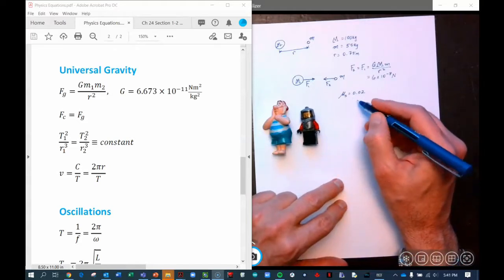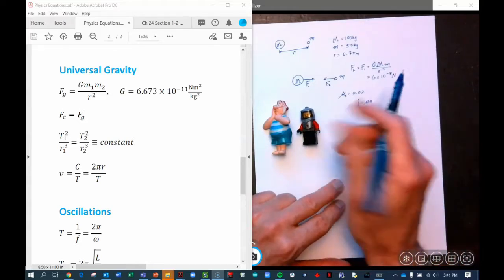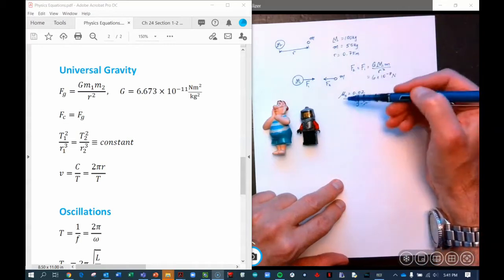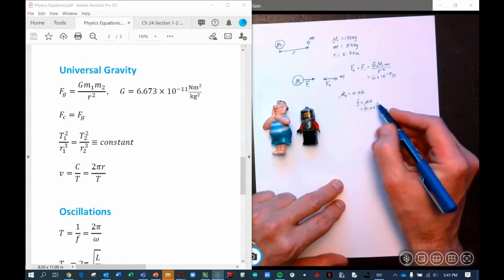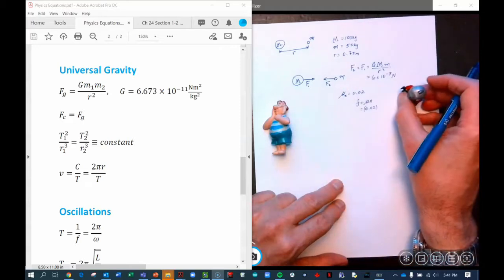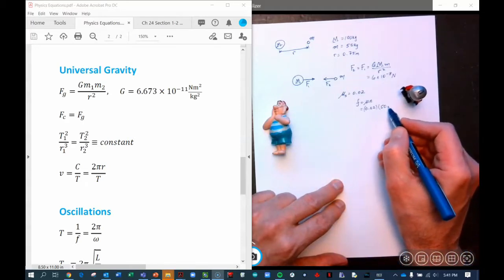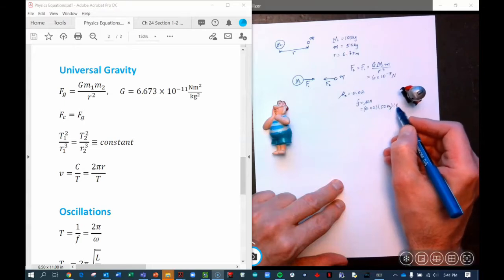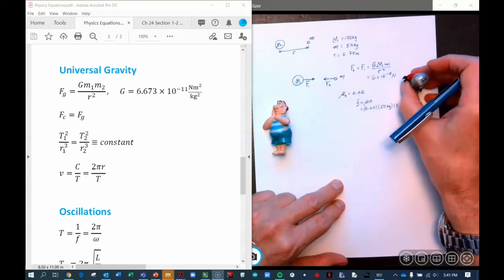And of course, the force of friction is mu times the normal. So let's take the tiny guy just to make it be the smallest friction possible: 0.02. The normal force when he's just sitting down and eating dinner is his mass, which is 50 kilograms, times gravity, 9.80 meters per second squared.